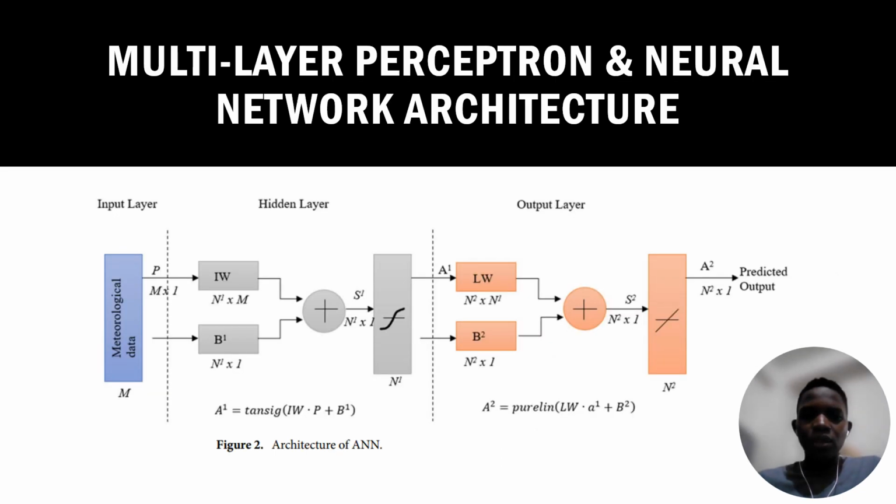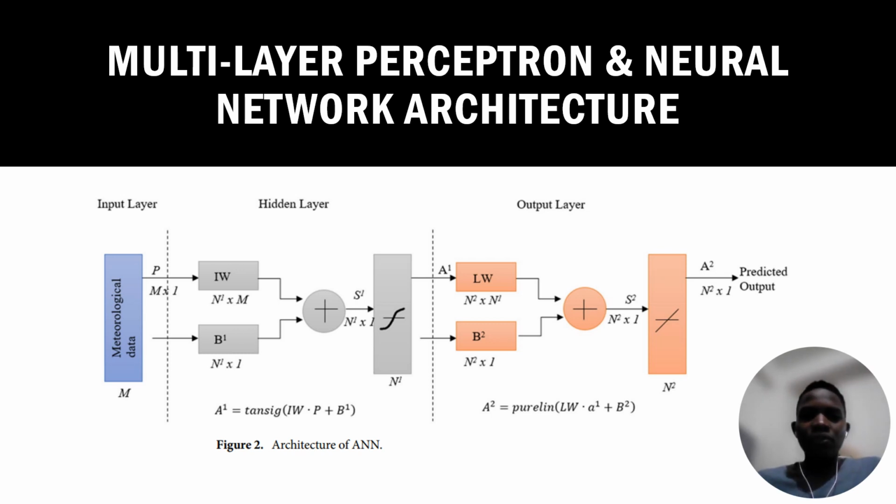To go a bit more into the multilayer perceptron and neural network architecture, let's begin by exploring this architecture in our slide. The researchers, as we'll see later, developed 4 artificial neural network models, each with different combinations of meteorological inputs, so variations of temperature, relative humidity and wind speed, different pairs of those.